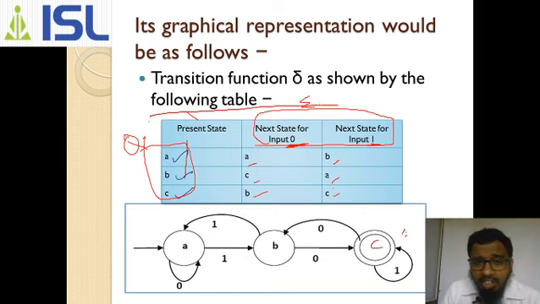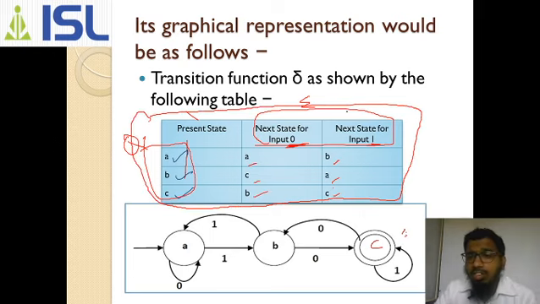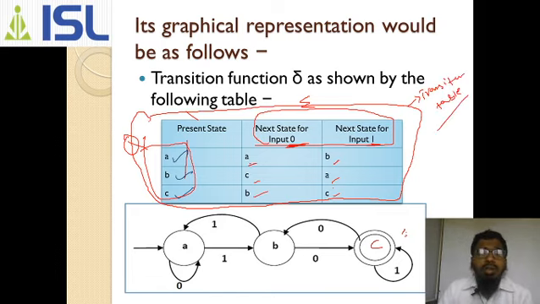While seeing this transition table, we need to draw the transition graph.